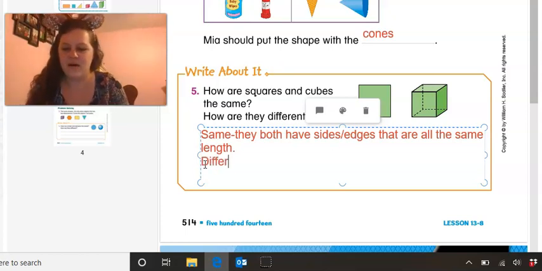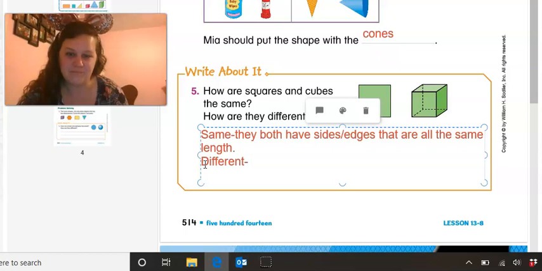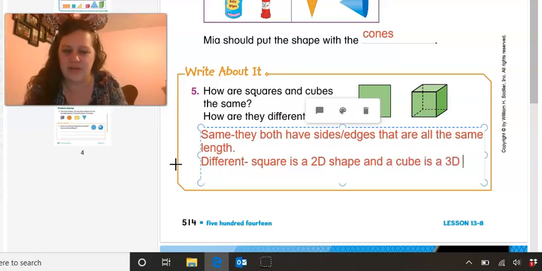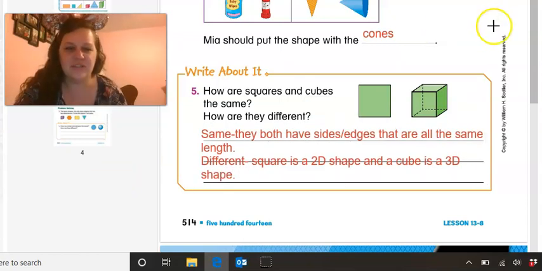All right, how are they different? This one is pretty easy. I wrote the word different. We know a square is a 2D shape and a cube is a 3D shape. I think their differences are easier.